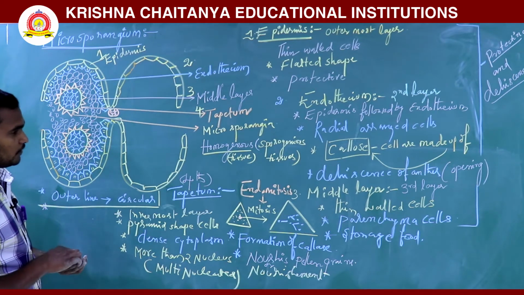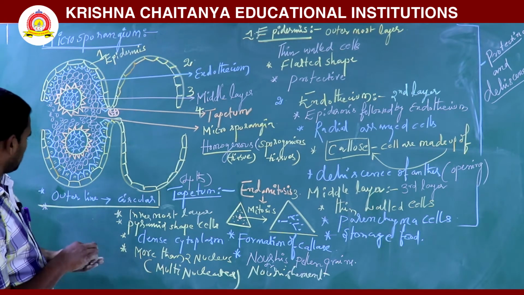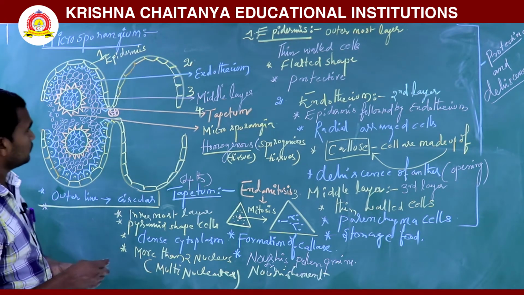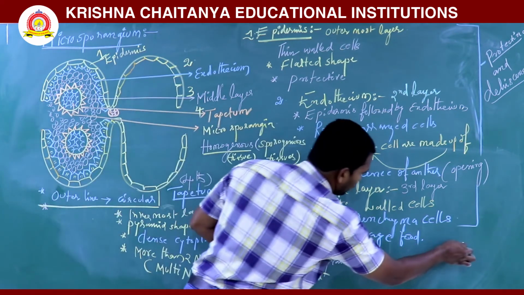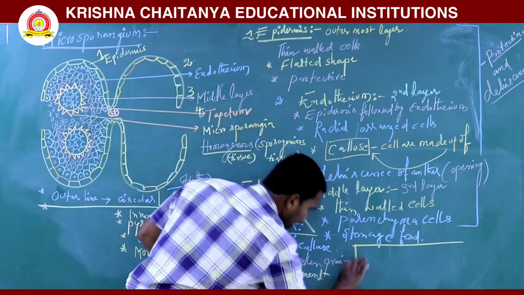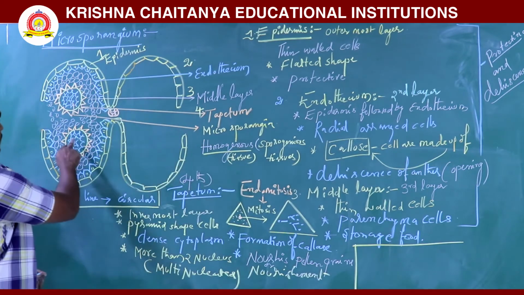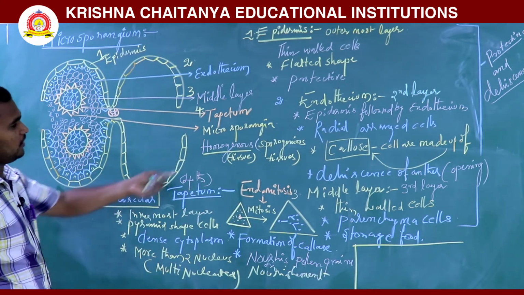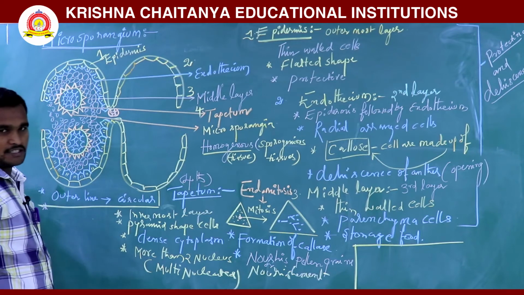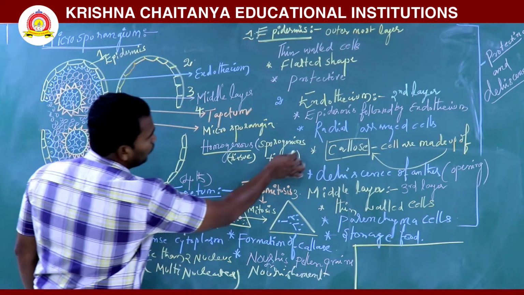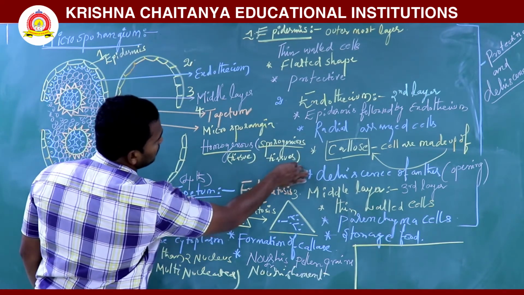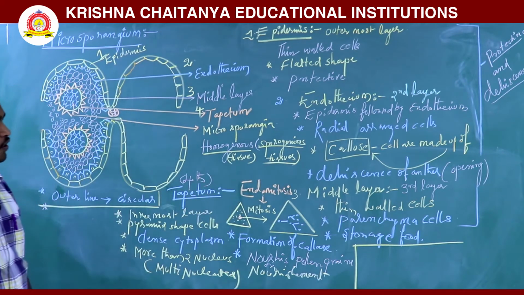Next we will discuss the center position. What type of tissue is there? Homogeneous tissue, all the same type of cells. That is called the sporogenous tissue.